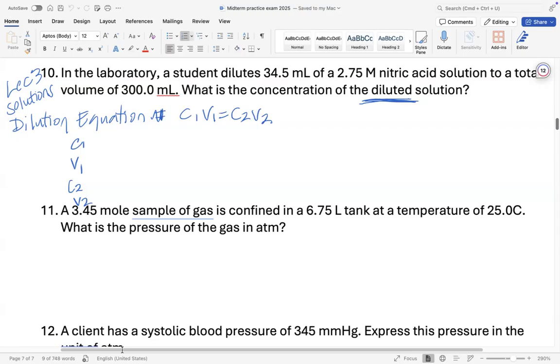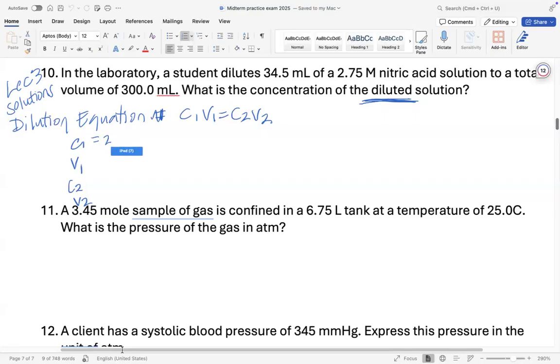So as I read the problem, a student dilutes 34.5 of a 2.75 molar nitric acid solution. So those first 2 numbers sound like my initial because they come first in the problem and they're married together with the word of. So that indicates to me that those 2 are my initial.